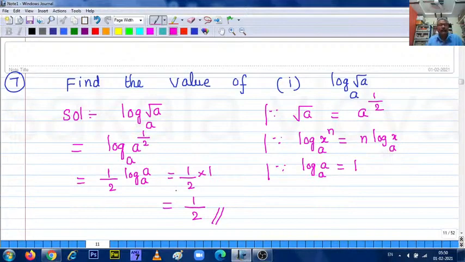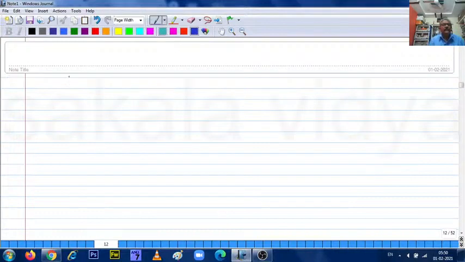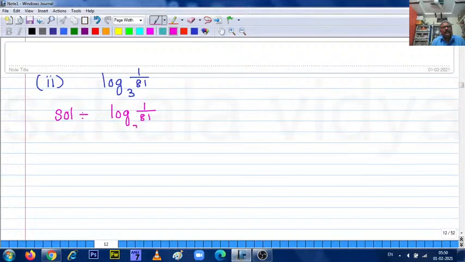Okay, next let us move to the second question. Log of 1 upon 81 to the base 3. Here the solution, log of 1 upon 81 to the base 3.